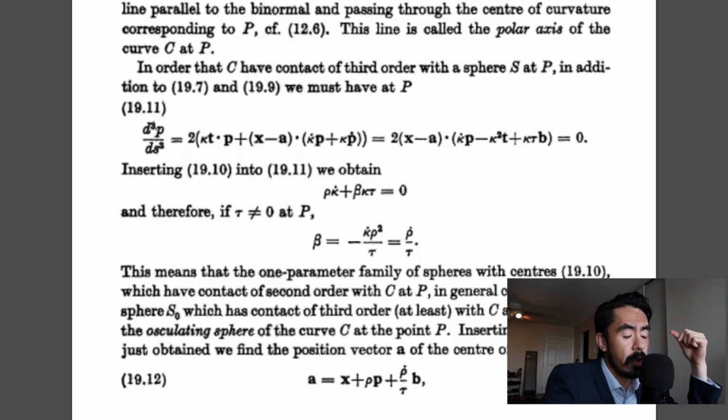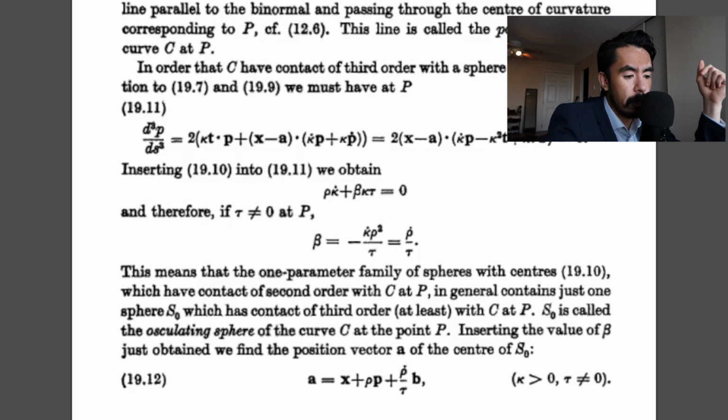And therefore, if torsion is non-zero, then at the point of contact, P, beta is equal to negative kappa dot times rho squared over tau, which is equal to rho dot over tau, where rho is the radius of curvature. So this is to say we're taking the derivative in terms of arc length of the expression for the radius of curvature, and we're dividing that by the expression for torsion in order to get beta.